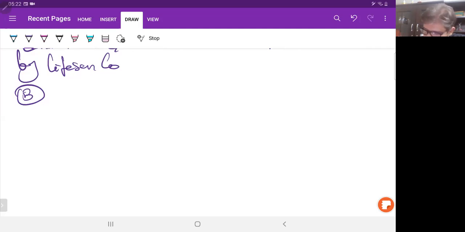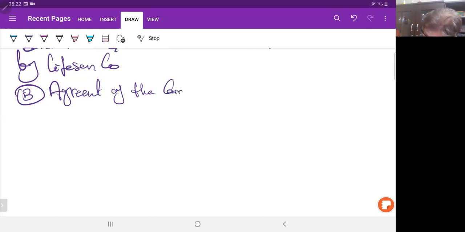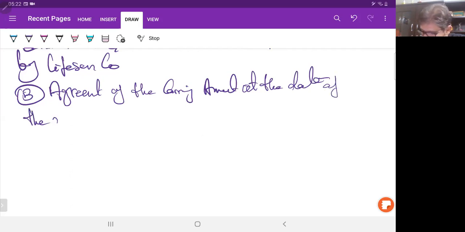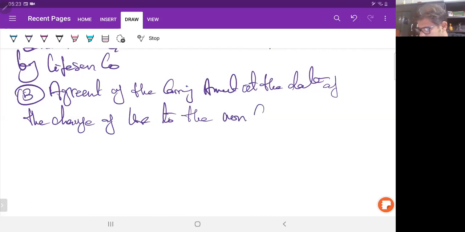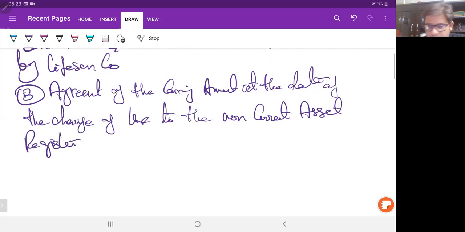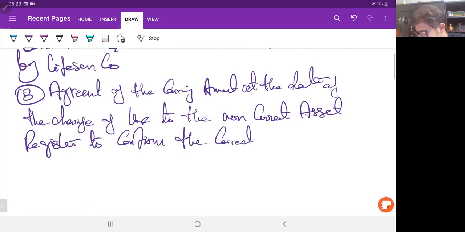Number five, agreement of the carrying amount at the date of the change of use to the non-current asset register to confirm the correct amount of the fair value gain.